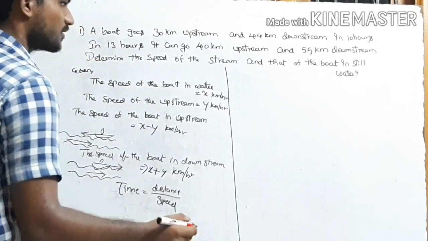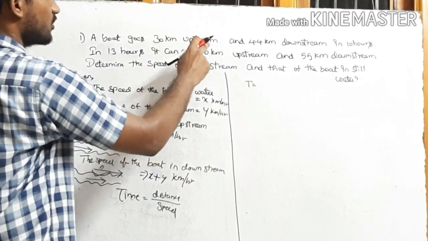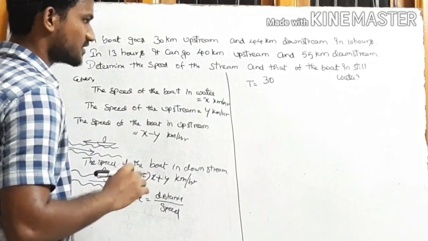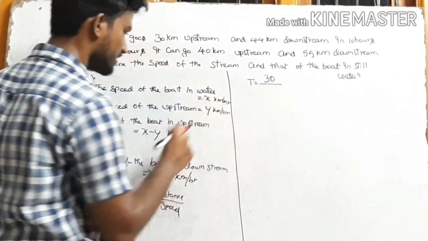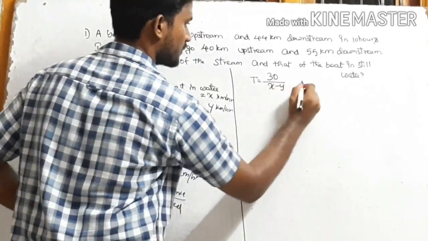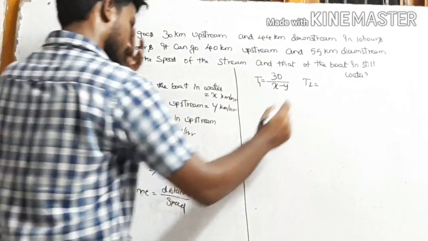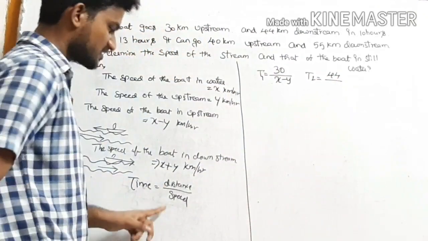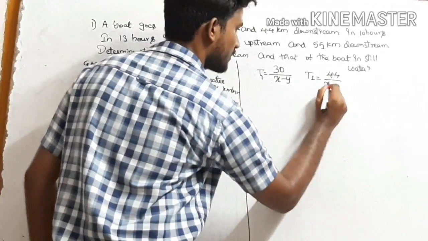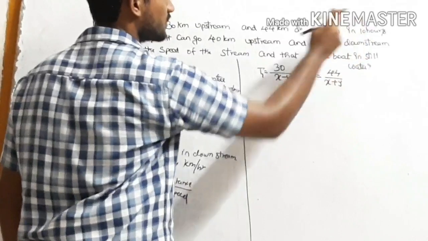For the first equation, t1: 30 kilometers upstream means 30 is the distance, and the upstream speed is x minus y. For the time t2, 44 kilometers downstream is the distance, and the downstream speed is x plus y. Then the equation is t1 plus t2 equals 10 hours.